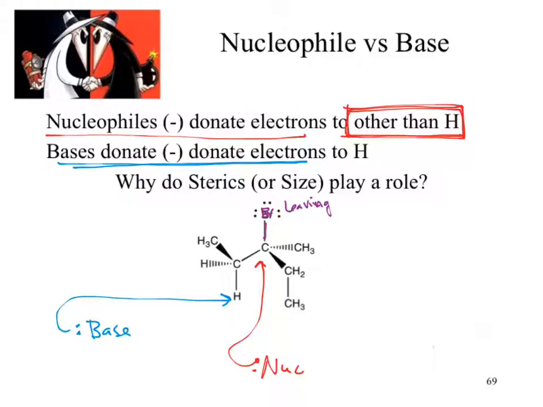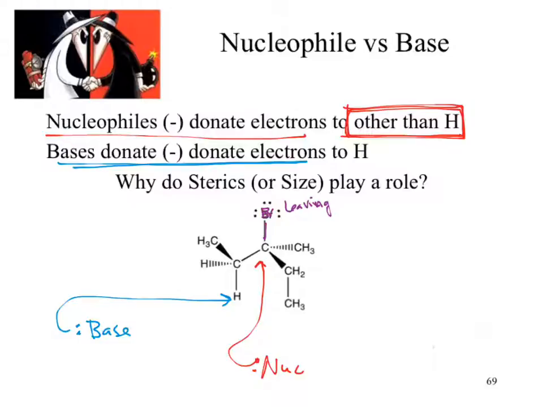So what we want to consider is how we can use those definitions to differentiate nucleophile versus base. A lot of this comes down to what we're reacting with and where it is located. Both the base and the nucleophile will share electrons. It's now just what do they share with?